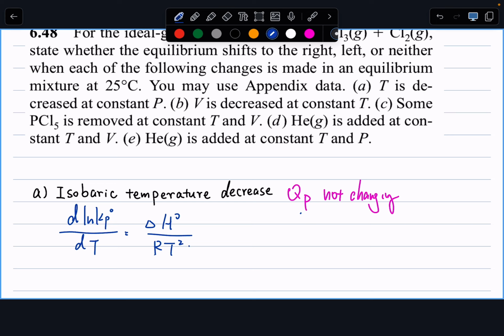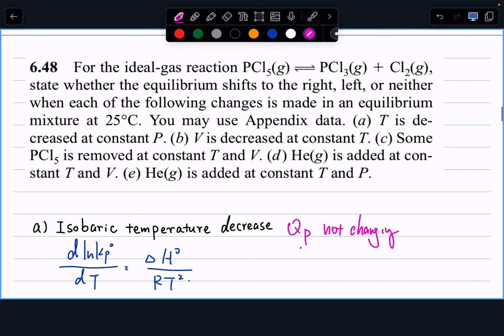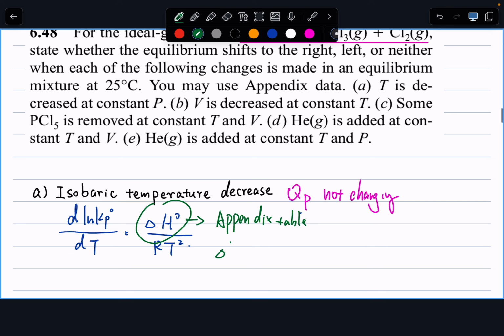So what is my delta H naught? We have our reaction, and that's the delta H naught of the reaction: PCl5 goes to PCl3 plus Cl2. We can use the appendix table. My delta H naught of the reaction equals the stoichiometric coefficient times the standard enthalpy of formation.